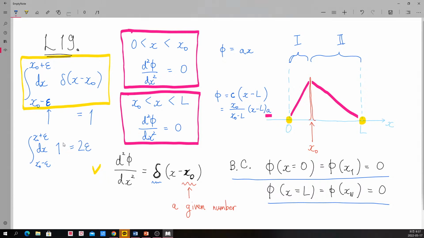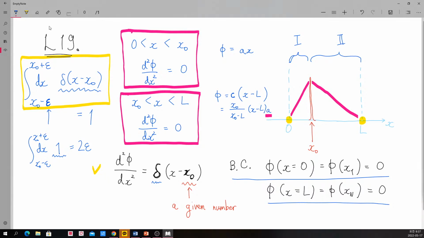However, the integrand in this integration is not just number 1, but it is the Dirac delta function. So from its definition, this integral should give us 1.